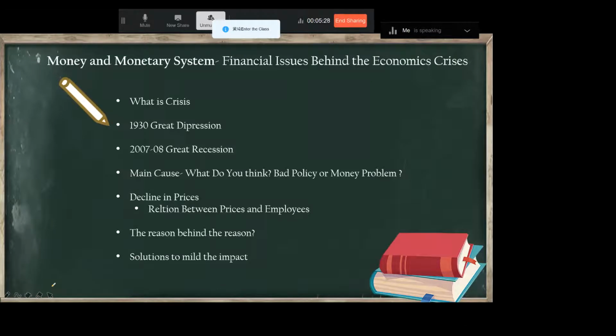Whenever we looked at it, financial crises are mostly backed by price volatility or uncertainty in the prices of any sector, and then it spreads to different sectors, which is for sure triggered by the bad policies of regulatory bodies, right? So there is a decline in prices, but mainly because of the bad policies.